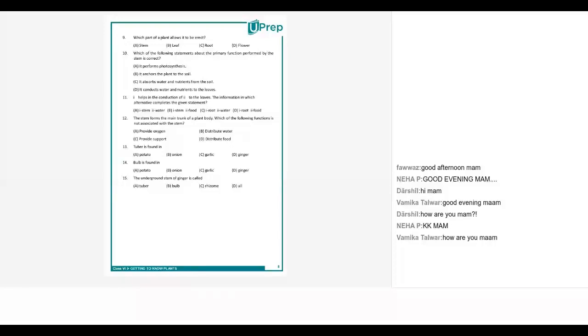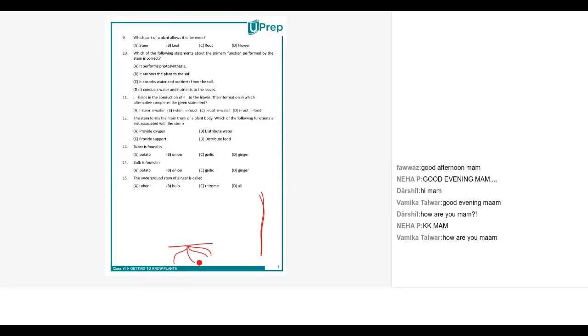Ma'am, what is erect? Erect means ekdam straight. Is it stem? Yes, of course. Ma'am, but doesn't the root anchor the plants? If the root won't be there, how will it stand erect? So there's a difference. What does the root do?